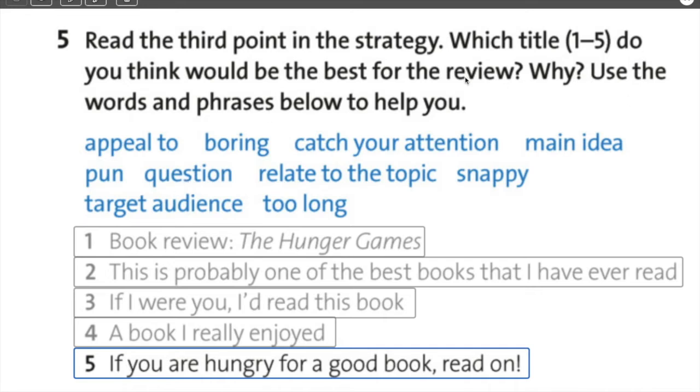Now, we need to use the words and phrases below to help you. Here they are. Words and phrases: appeal to, boring, catch your attention, main idea, pun, question, relate to the topic, snappy, target audience, too long. Okay, you might not know some of the words here, and I'll tell you what they are.